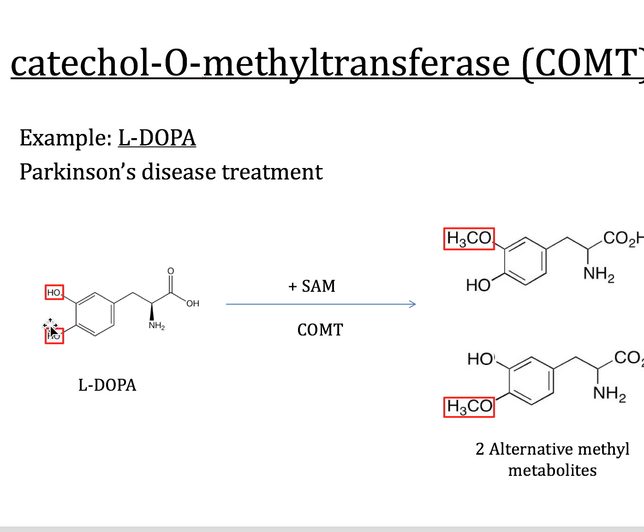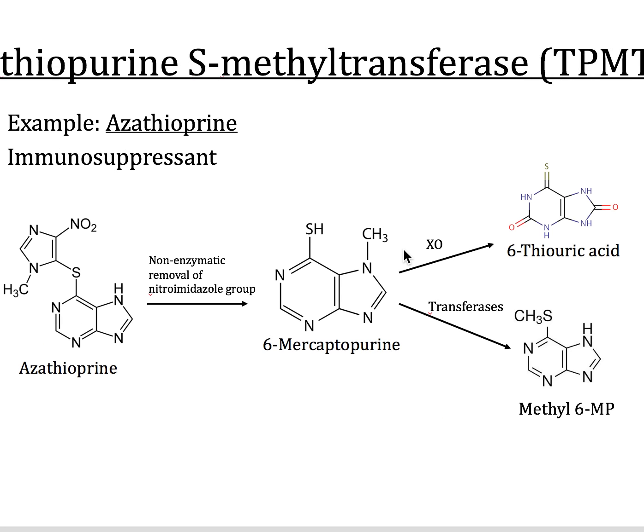What happens here is the OH is replaced by a methyl group. The H is removed and the CH3 is added to the nucleophilic O. Similarly on the bottom, the same thing can happen, so there are two alternative methyl metabolites. L-DOPA is initially administered in this format, and then once it is metabolized via phase 2 with SAM and COMT, it has a methyl group attached to it.